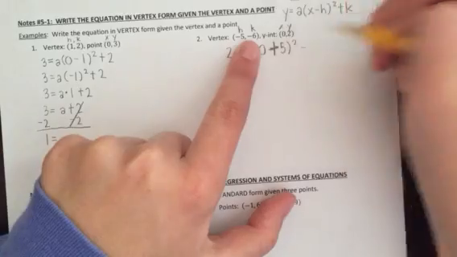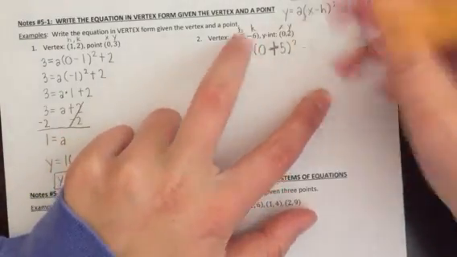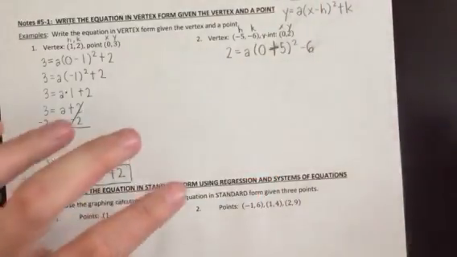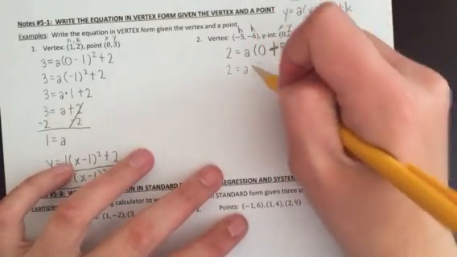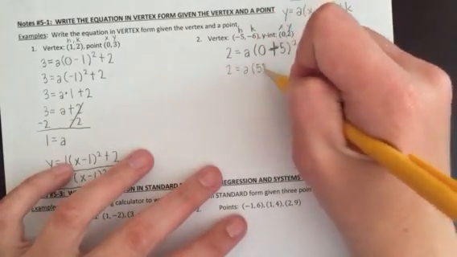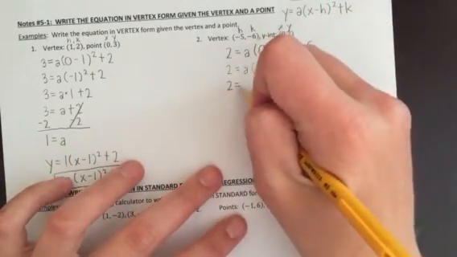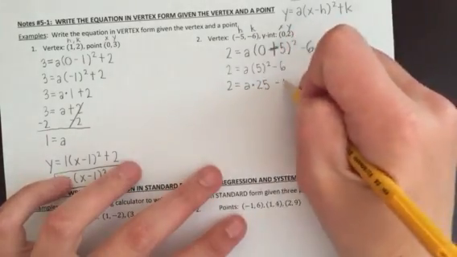Well, k is negative, so minus 6 is k. Alrighty, so now, PEMDAS, 2 equals a, 0 plus 5 is 5. Okay, then exponent, 2 equals a times 25, 5 squared is 25, minus 6.